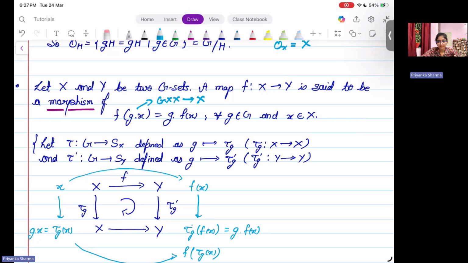Here f of x is an element of Y, so this will be g dot some y, where this element comes from the other set Y. This g, an element of the group G, is used here to define the group action on elements of both the sets X and Y. If this condition is true for all the group elements and for all the elements of X, then we say that the map f is a morphism from X to Y.